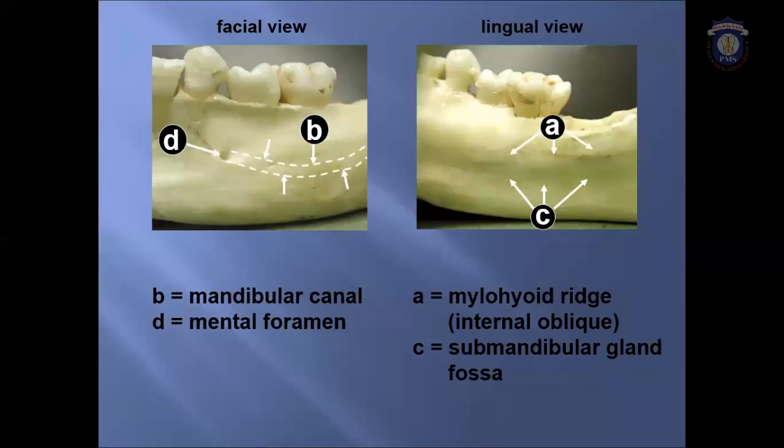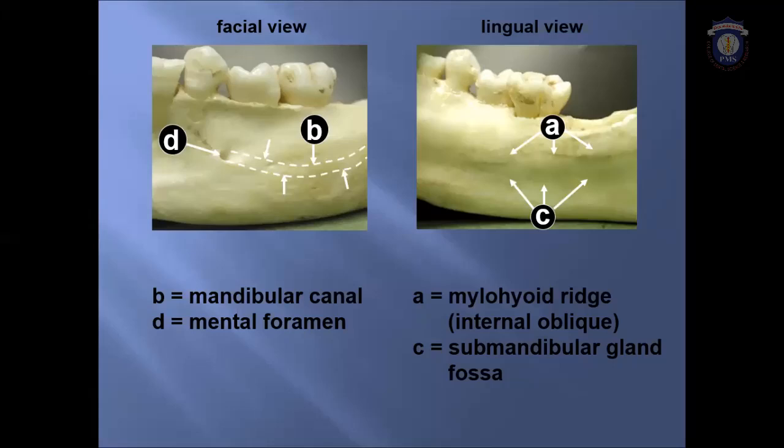To see the corresponding parts in the mandible, the white dotted lines again indicate the path of the mandibular canal passing through the body of the mandible, whereas area D is the opening of the mental foramen. In the lingual aspect of the mandible, you can see a bony prominence at the cervical aspect of the teeth, that is the mylohyoid ridge, otherwise referred to as the internal oblique ridge.